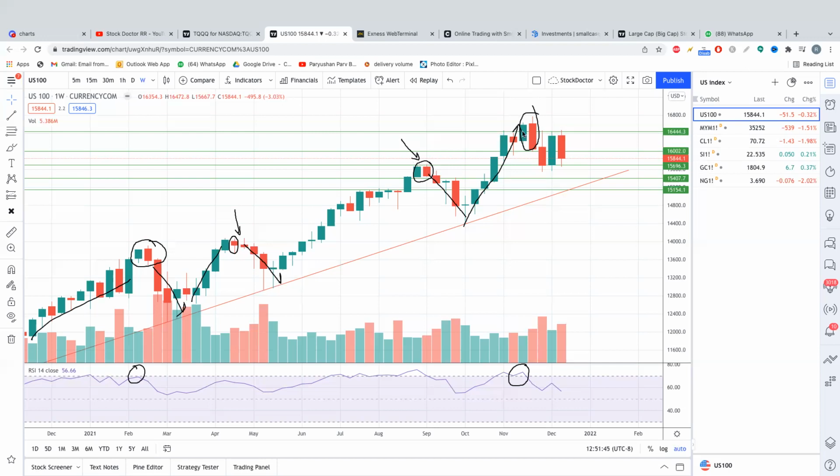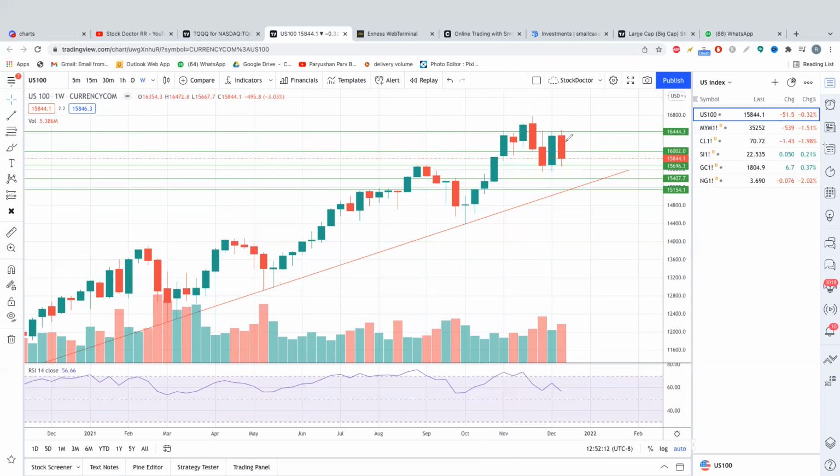Here is a bearish engulfing, and now here we have the bearish piercing pattern. Bearish piercing pattern means the first candle is green, the second candle is red, and it penetrates the first candle by more than 50%, right? We are going through this very slowly because I just want to explain to you the concept about this price action.